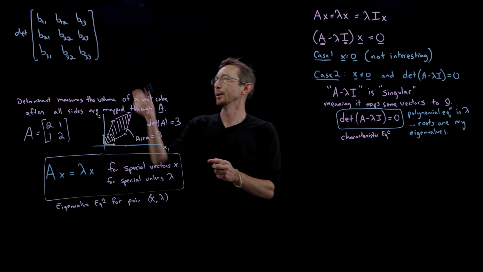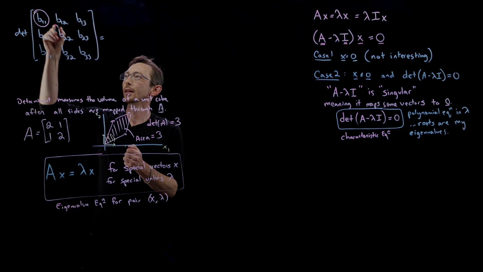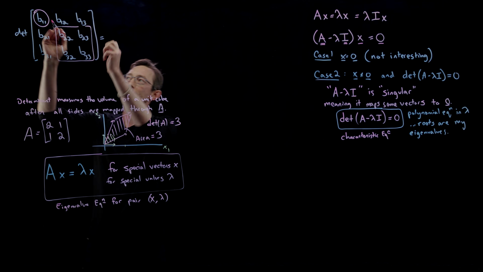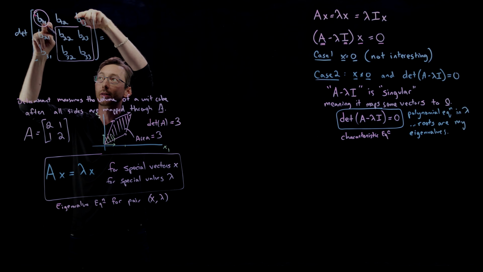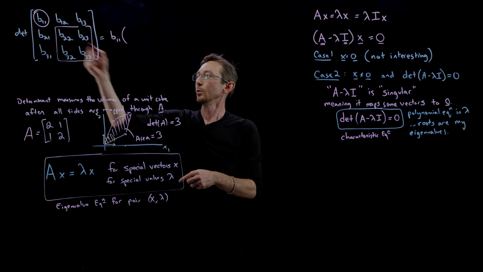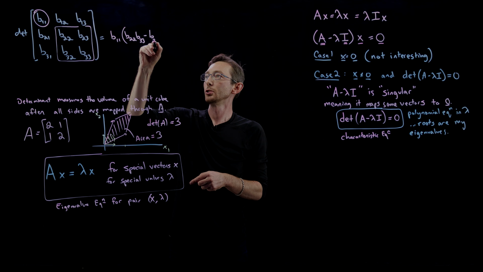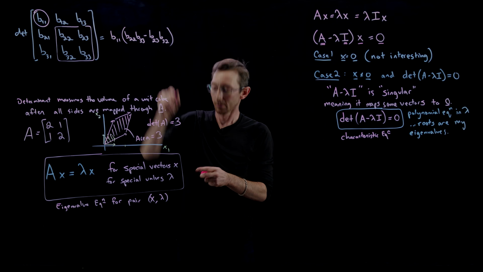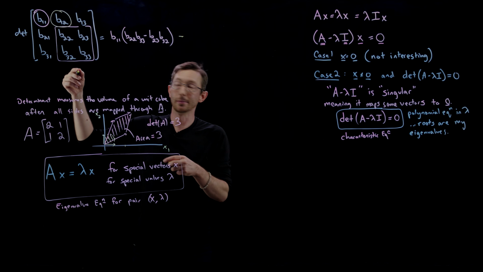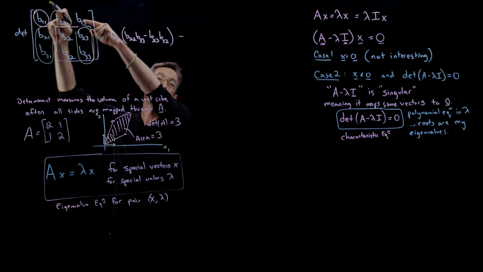Okay, so the way you take this determinant is, again, similar to this one. I'm going to take the first element times the determinant of the 2x2 block where you omit the first row and column that this B11 is in. So that's B11 times the determinant of this thing, which is B22, B33 minus B23, B32. Okay, there's that one, minus this guy times the determinant of its subblock if you omitted that row and that column.